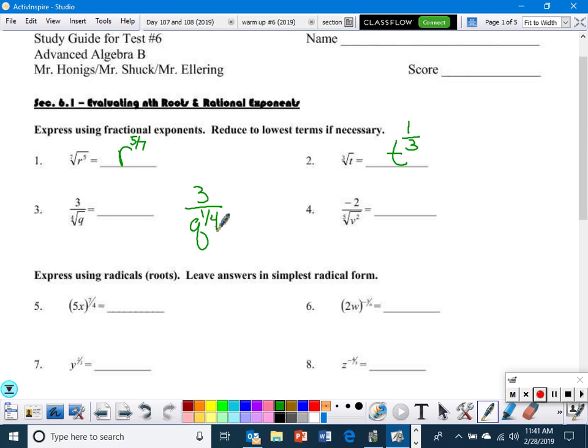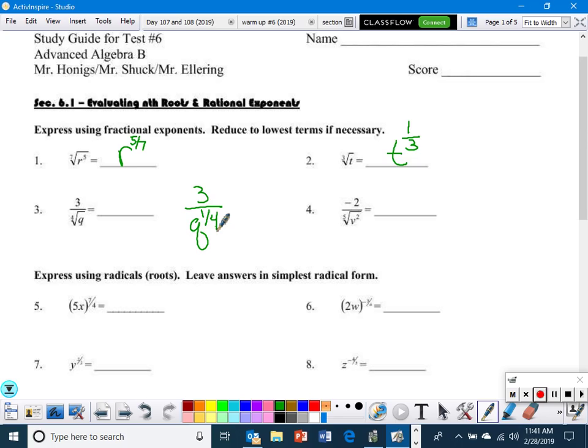Well, I know we're not supposed to have negative exponents, but if we're going to express this using fractional exponents and we're trying to be consistent with the way this all looks, we're going to move the q to the 1/4 up.